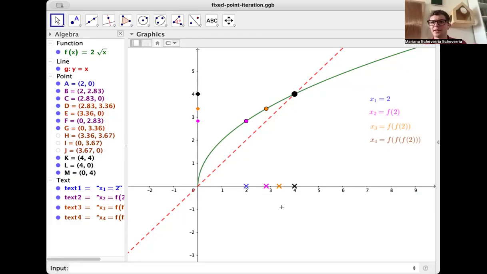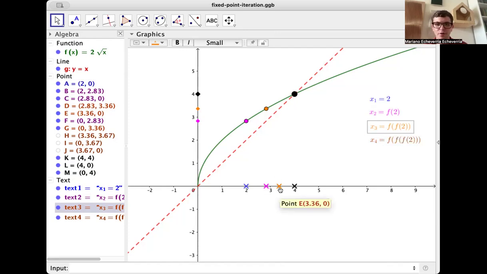So you apply the function, and then you use that as the next x value. The sequence here is you start at 2, then the next x value is f of 2, then the next x value is f of the previous step. And then you do the same one more time.